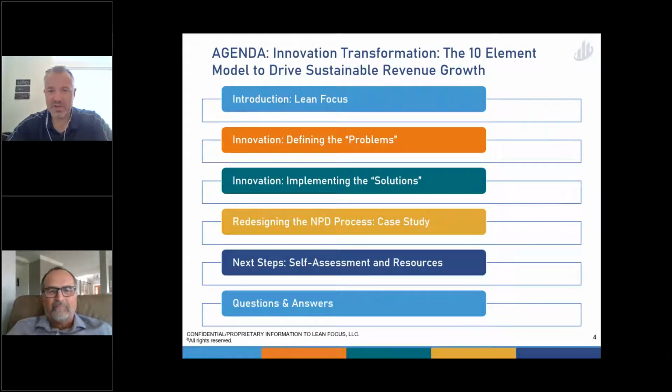Then we'll cover a client case study and how we reimagined and redesigned a new product development process inside of one of Lean Focus's clients. Then give you some helpful next steps that you can take, which will be inclusive of the self-assessment that we've already referred to, as well as some ongoing resources and support that you can leverage from us. And then we will conclude with your questions. Again, whatever questions you have, please submit those in the chat box, and I will moderate those questions at the end of today's session.